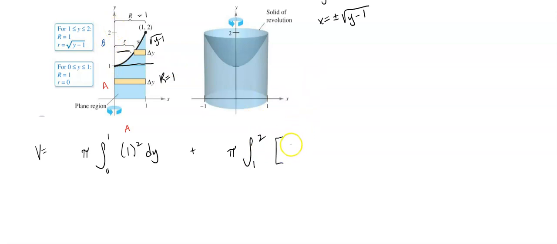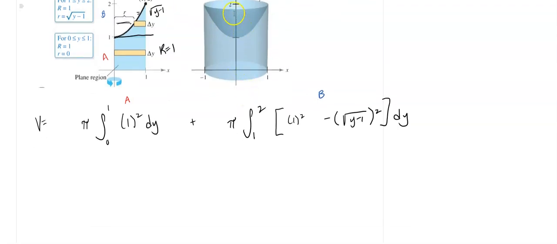And we're going to have the capital R squared minus the little r squared with respect to y. So that's going to be my B region. And of course, if you want the volume of the whole shape, you just add it together. So basically it's this cylinder, but in the middle somewhere we've carved this parabola type shape out of it.